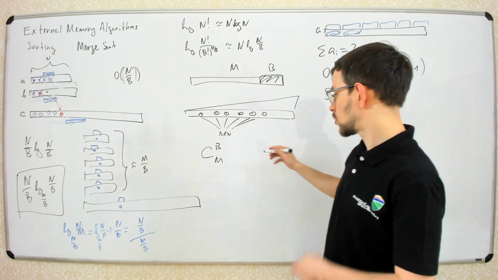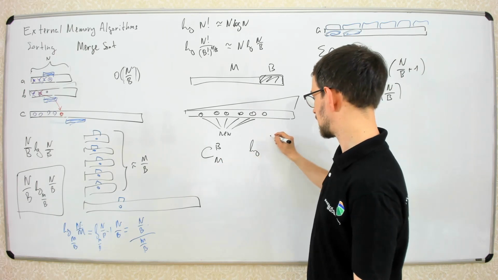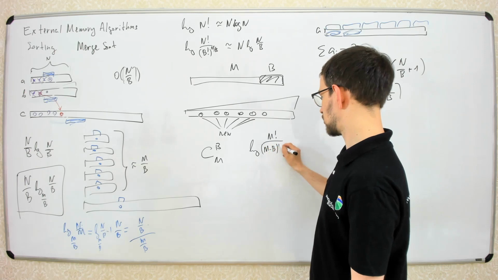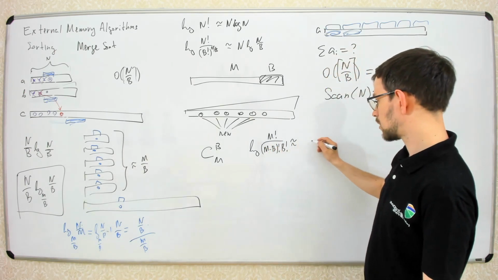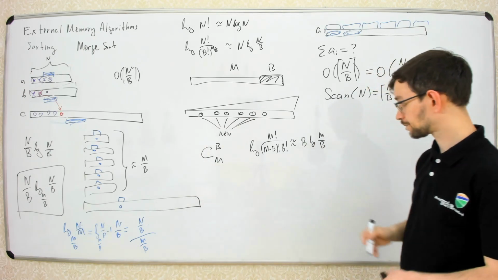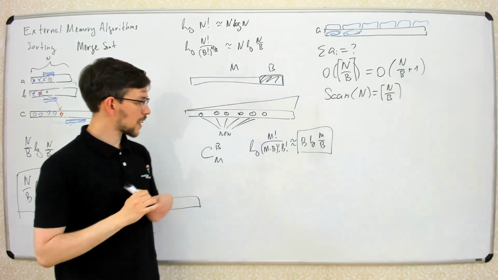So the amount of information we get is actually the log of this. This is m factorial divided by (m minus b) factorial times b factorial, and it's about b log m over b.